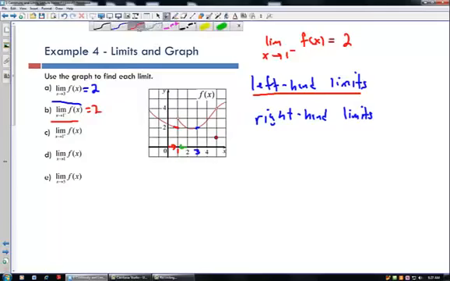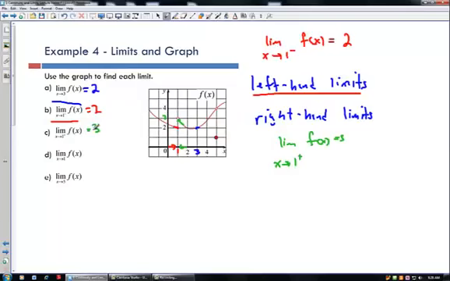Whereas if you look from the right, so the limit as x goes to 1 from the right of f of x, so plus means from the right, you go up to the height of 3. So this answer is 3. Even though there's a hole there, the heights from the right are approaching the numerical value, the number 3. And so the limit from the left is 2.